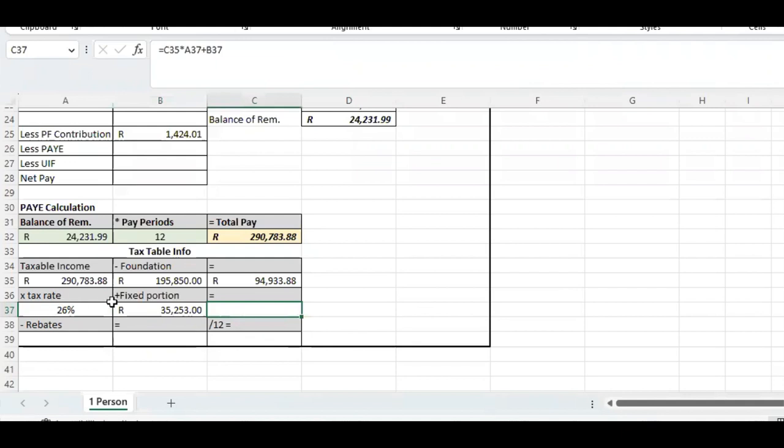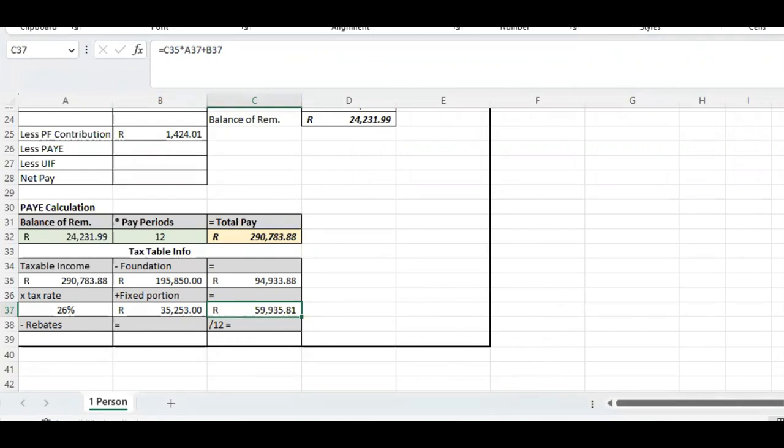There we can now say, okay, so it is 94,933 multiplied by 26% plus the fixed portion. That'll give us the full amount of tax that he has to pay. But we don't pay tax on the first 80,000, 90,000, and that's why we get a rebate.